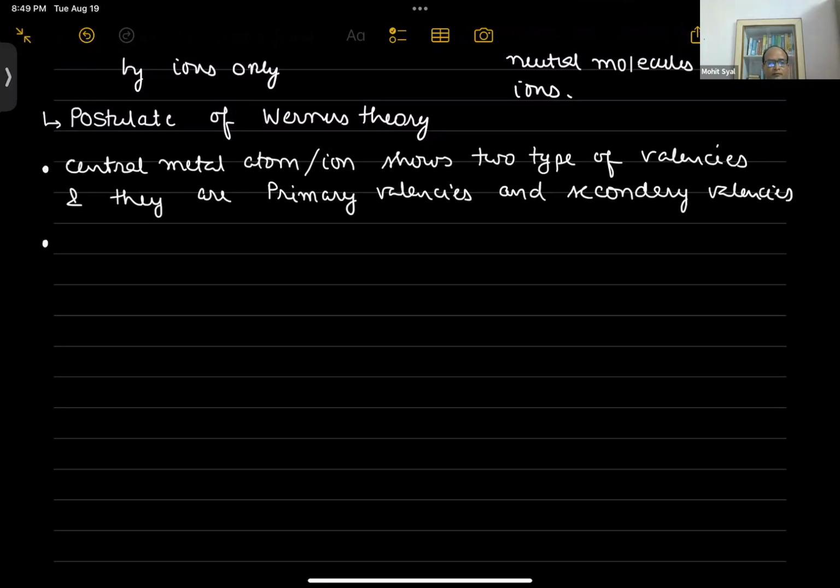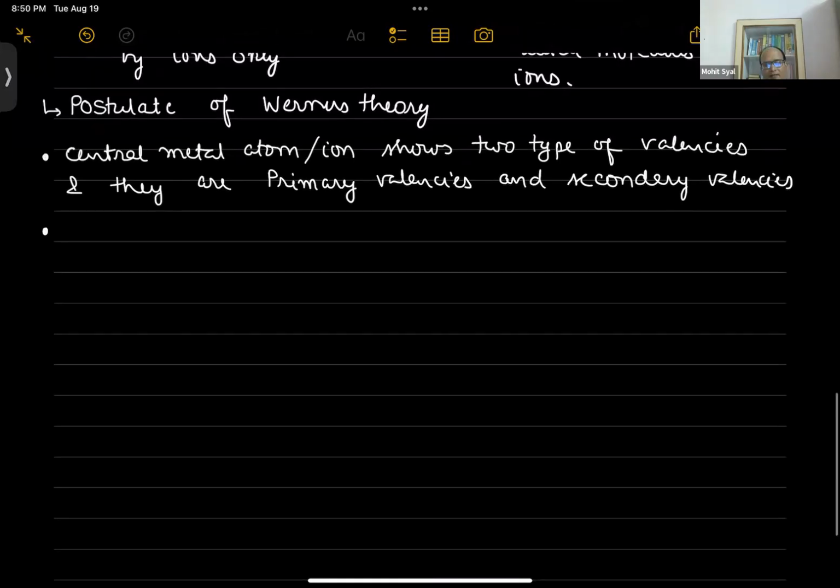Next point. Who can satisfy them? As I told you, primary valencies can be satisfied by whom? And the secondary valencies can be satisfied by whom?